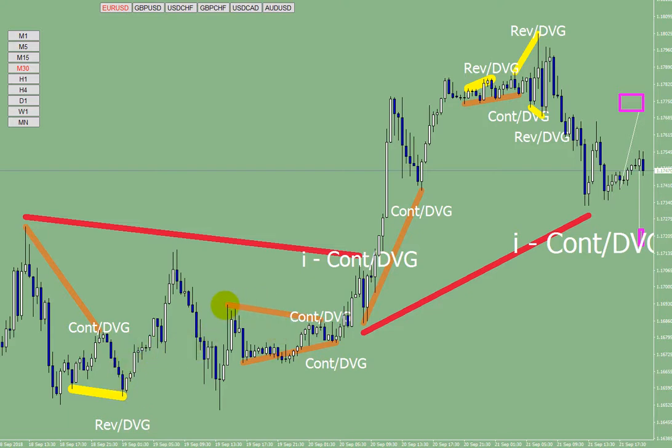Now, looking at more of these continuation divergences, you would see a wedge here, and here's the little reaction that was held up by another continuation divergence that ended up winning, which occurred somewhere beyond this point.